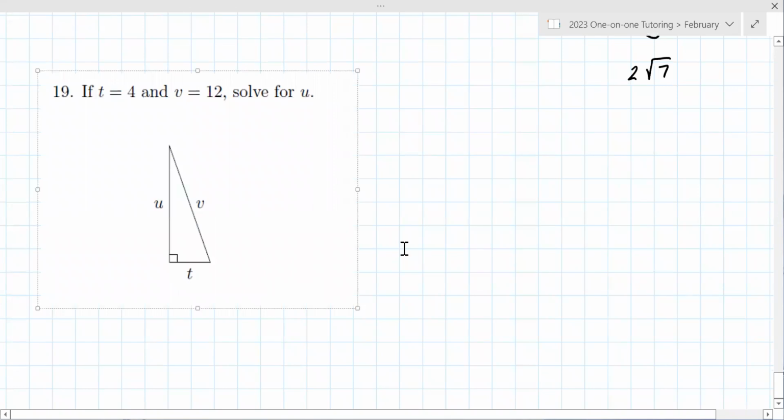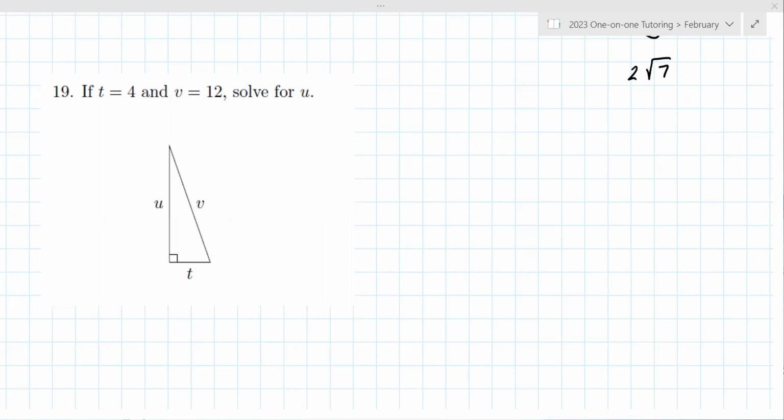All right then, 12 times 12, 144, 144 minus 16, 128, 128 divided by 2, divided by 2, divided by 2.